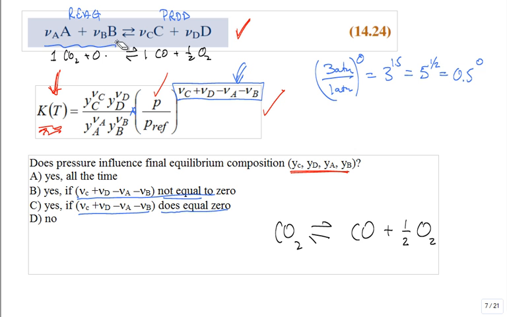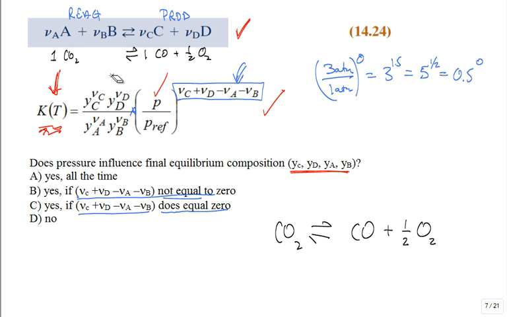So the B's are nothing, they're just gone, okay? So for this problem, what is this exponent up here? It'll be 1 plus 1/2 minus 1 minus 0. What will it be? It's equal to 1/2. So pressure does have an effect on a reaction like this. It does have an effect.